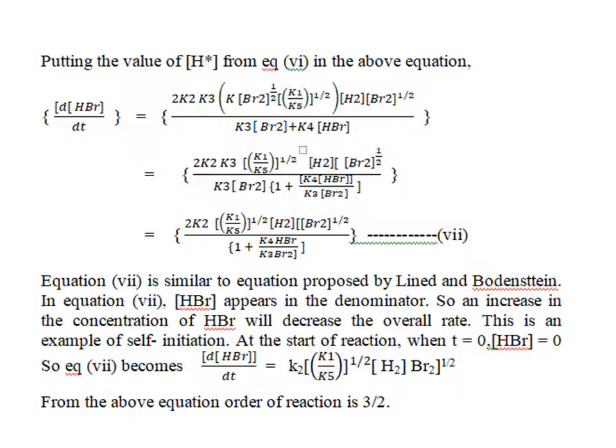Now dear students, put in the value of H star from equation 6 in the above equation, that is dHBr over dt. This will be equal to 2K2K3 into Br2 power 1 by 2 into K1 over K5 under root into H2 concentration into Br2 concentration whole power 1 by 2 over K3 into concentration of Br2 plus K4 into concentration of HBr.